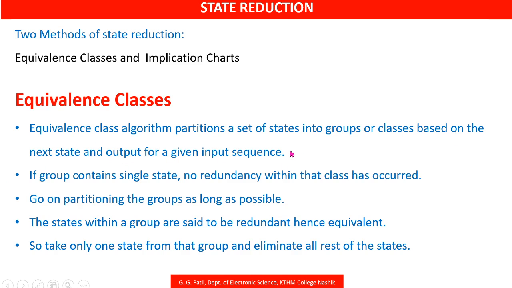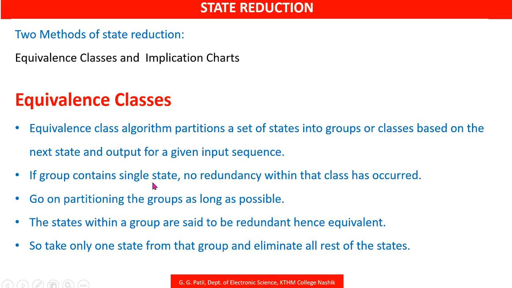All those states which have the same next state and output are grouped together under a common class. If a group contains a single state, no redundancy within that class has occurred, meaning there are no other states with the same output and next state.